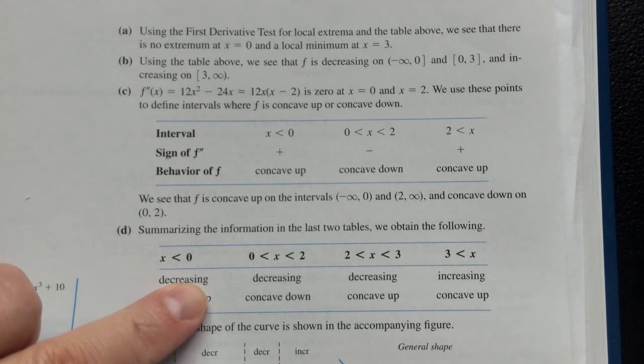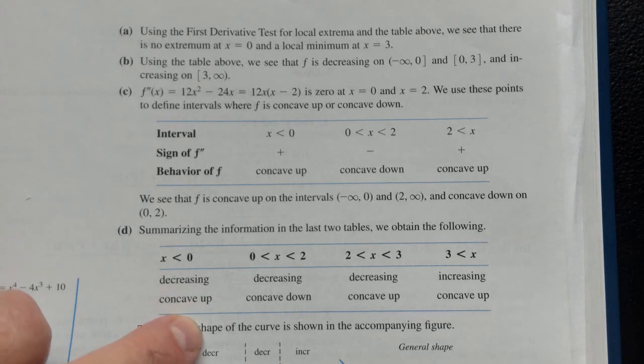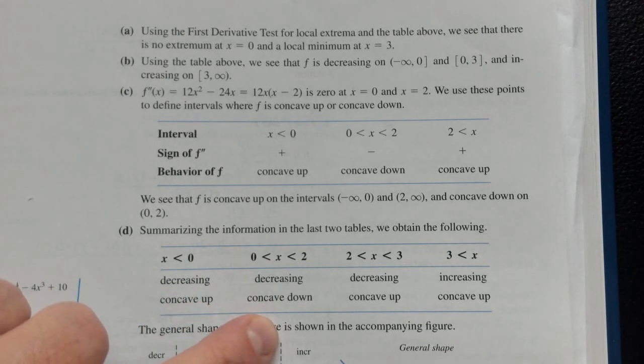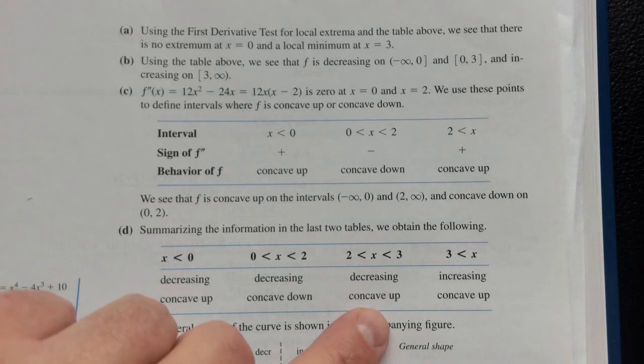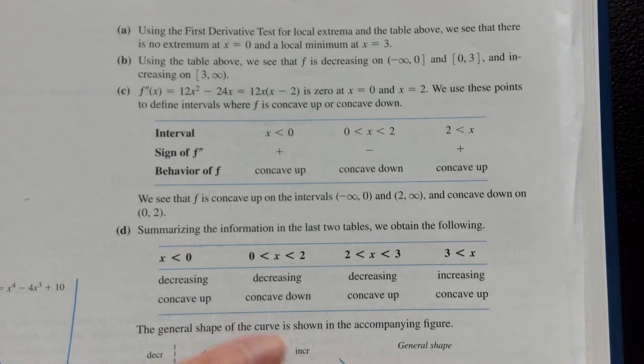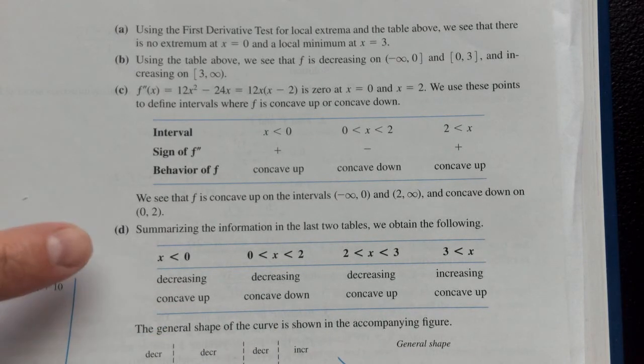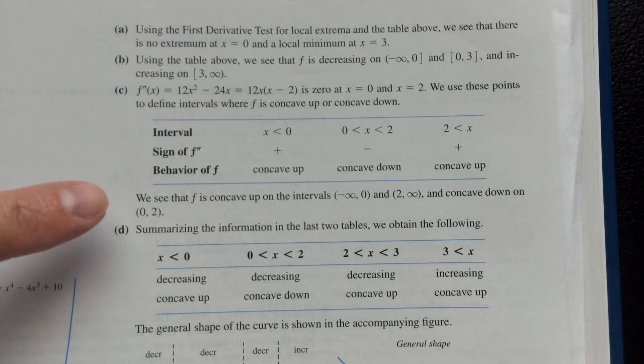And then this says summarizing, we get decreasing and up, decreasing and down, decreasing and up, and increasing and up. So it's not always decreasing with down. You had to do your other test.